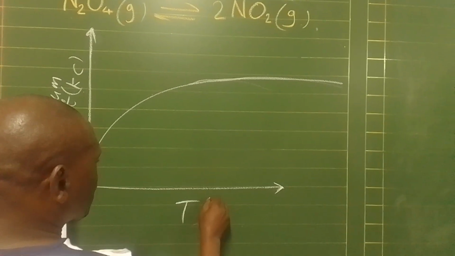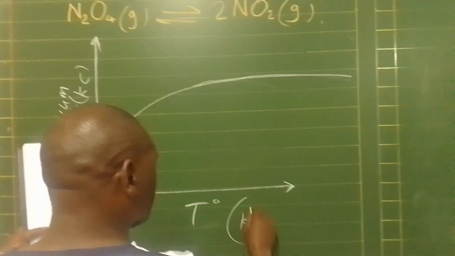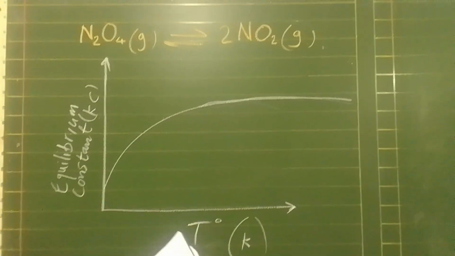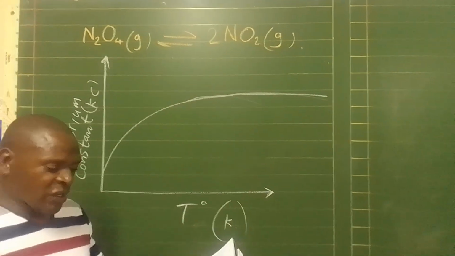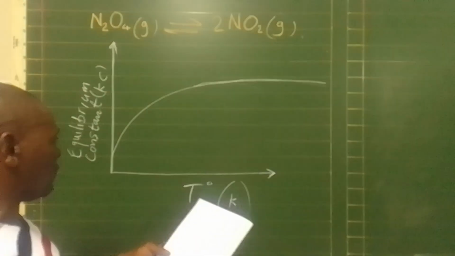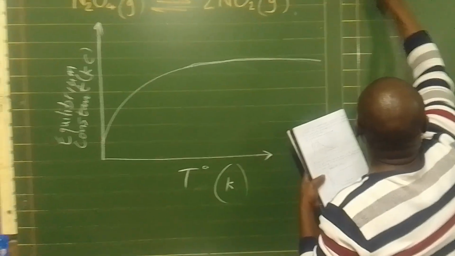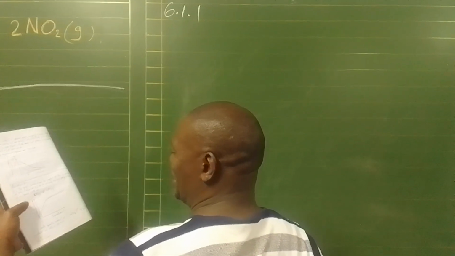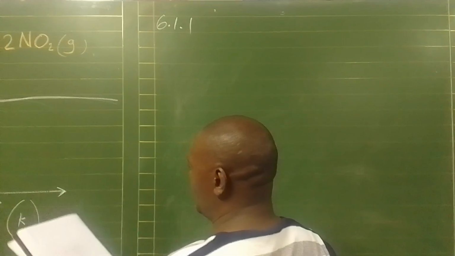This is temperature in Kelvin. Right. Write down the effect of this is the question that follows. It says 6.1. Write down the effect of the increase in temperature on the amount of NO2 gas formed.